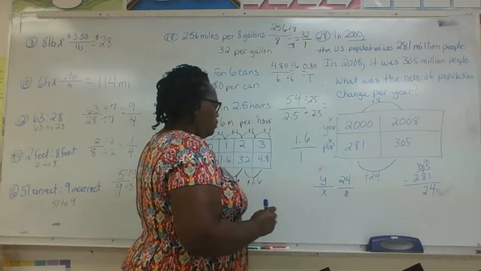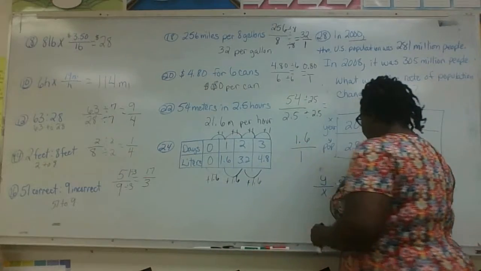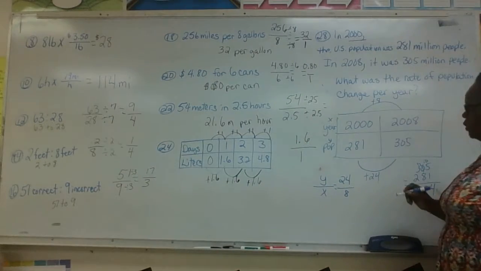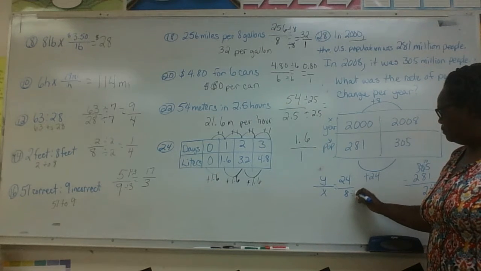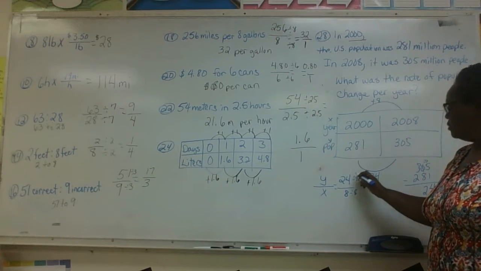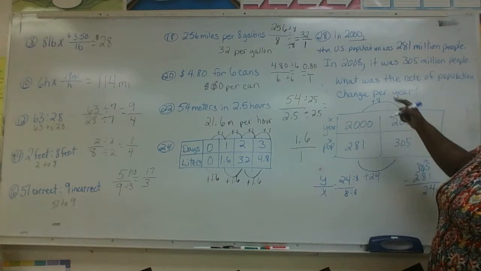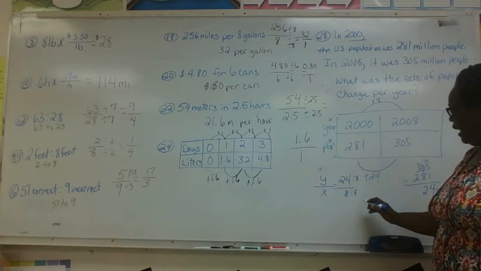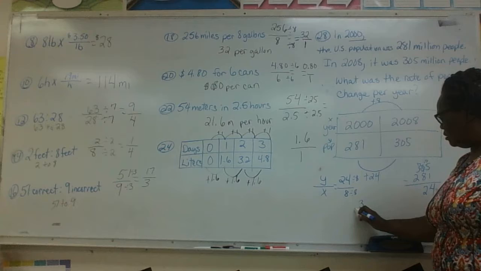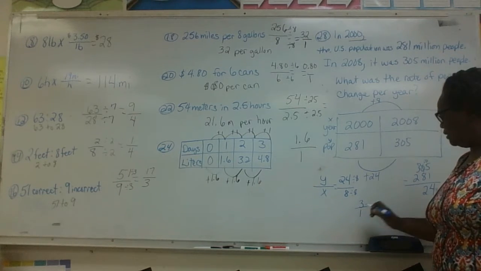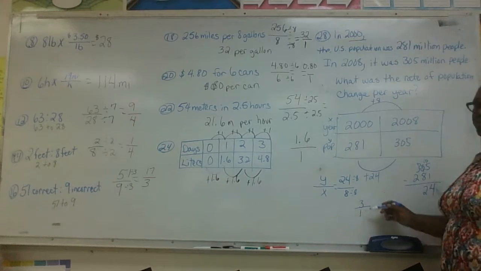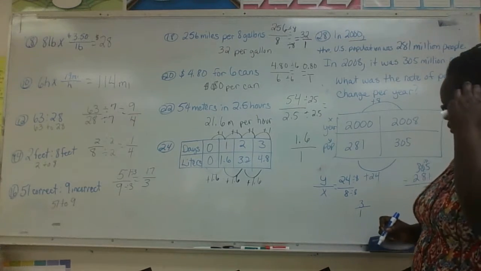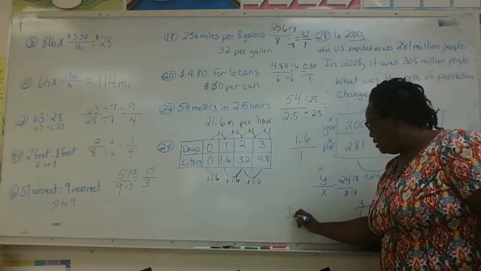Now, when we simplify this, if we reduce it by 8, because we want the per unit, then we will have 3 over 1. This means it's in millions, so we would have 3 million people. So our answer would be 3 million.